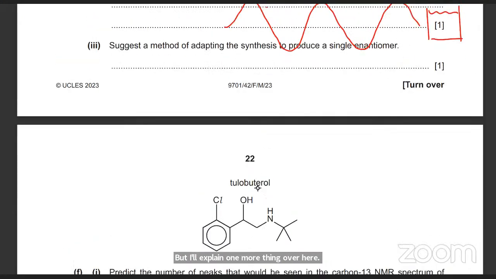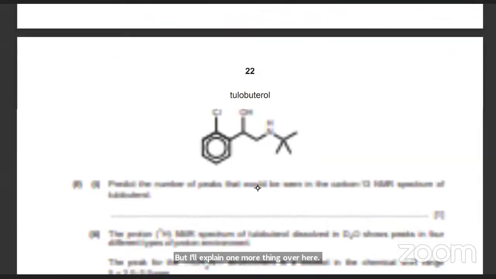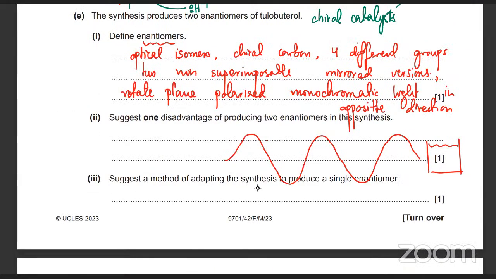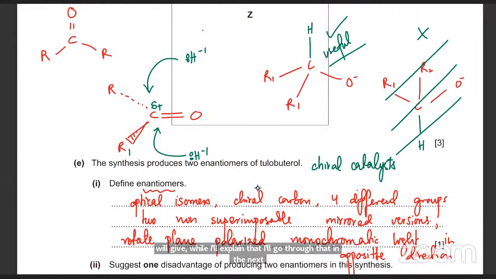I'll go through that in the next class then, okay? But is this part clear? This was one type of chiral synthesis. We're going to get both types of products. Is that part clear?